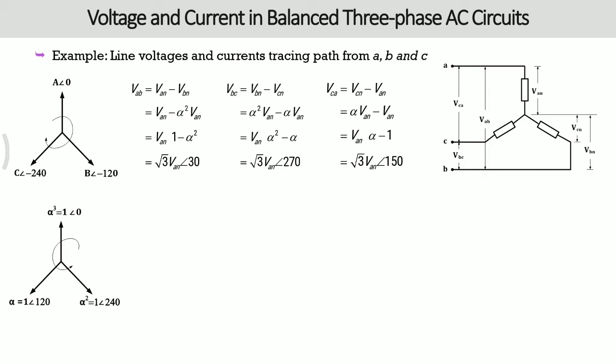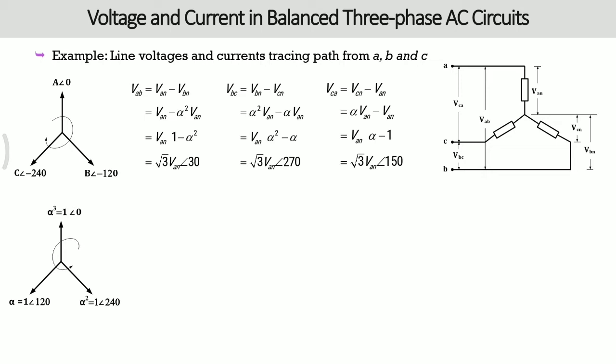Okay, so if we want to calculate VAB, how can we calculate it? What is VAN? VAN is a phase voltage. Remember, VAN is a phase voltage, whereas VAB is a line voltage. So if we want to calculate VAB, it can be expressed mathematically as VAN minus VBN.